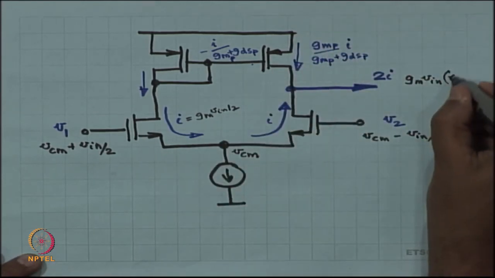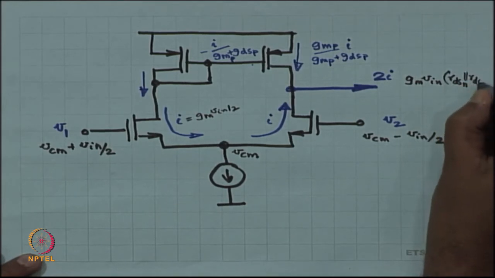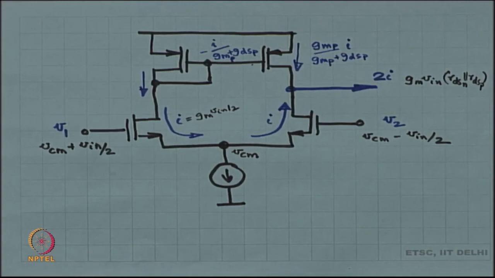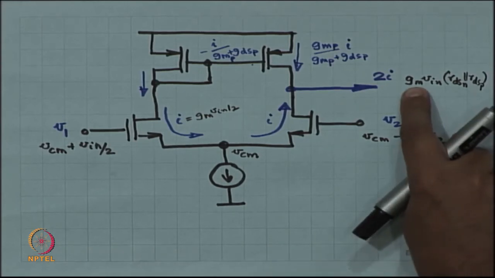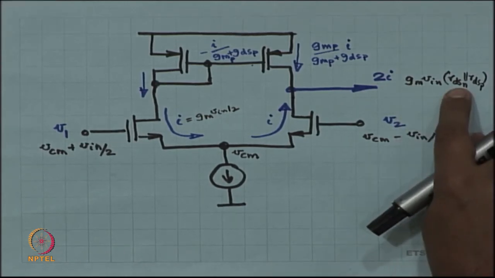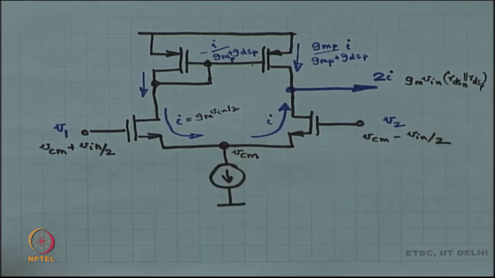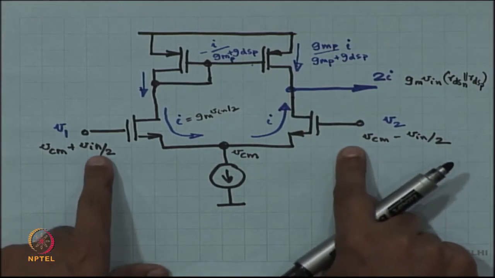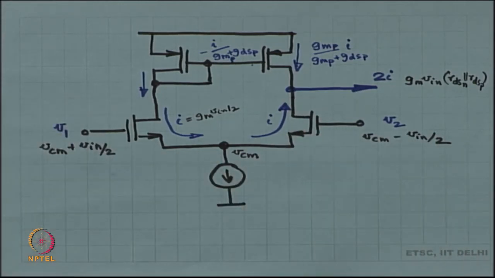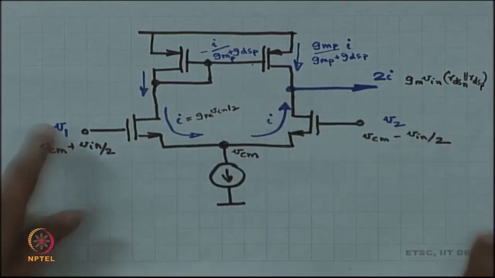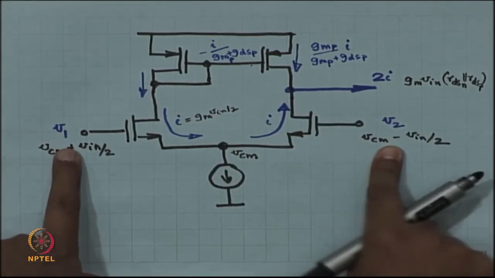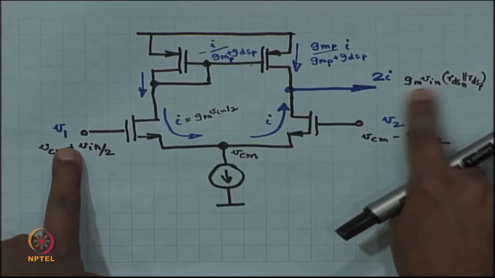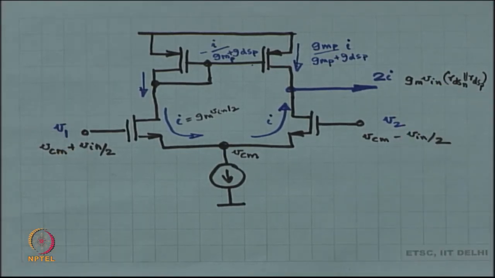So your answer in terms of voltage is the voltage at the output. Your gain is still GM times RDS N in parallel with RDS P. Your gain in terms of output voltage divided by input differential voltage, output voltage divided by V1 minus V2, is going to be GM times RDS N in parallel with RDS P.